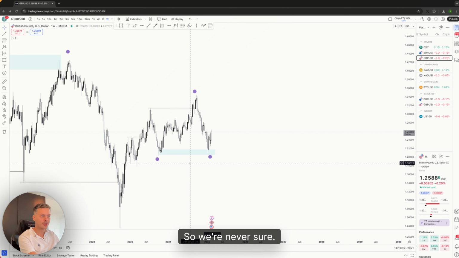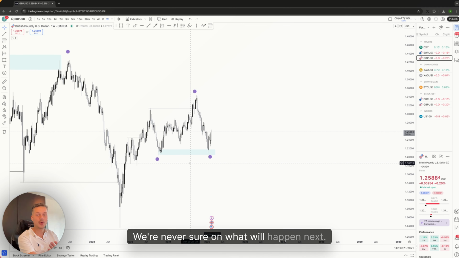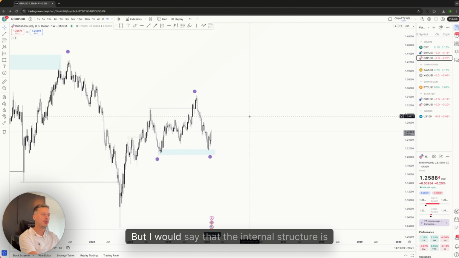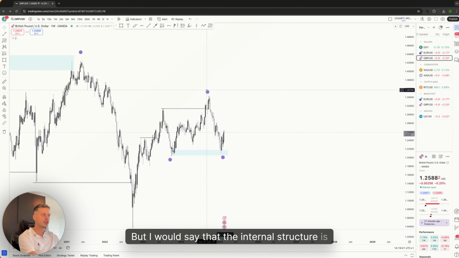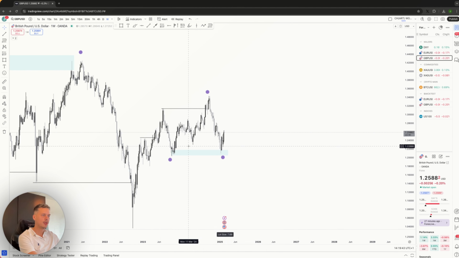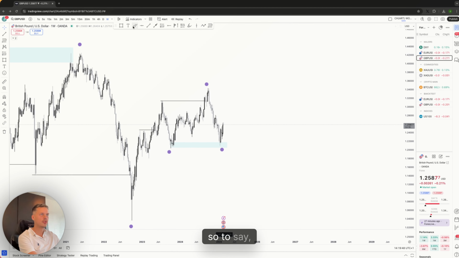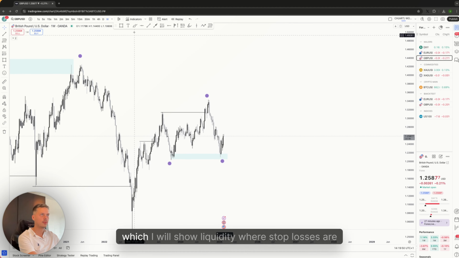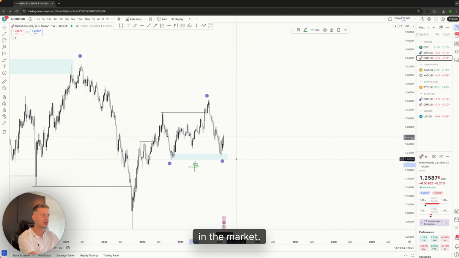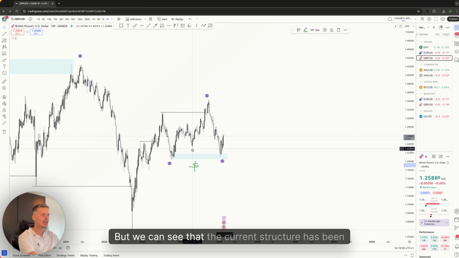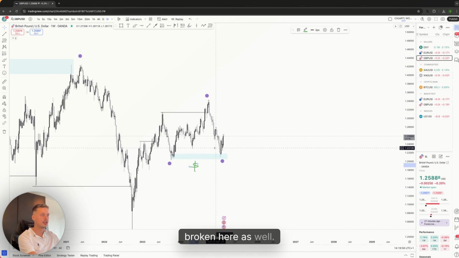So we're never sure of what will happen next, but I would say that the internal structure is stepping down bearish, but it's reacting from this area. So this could be a pool of, so to say, liquidity, which I will show, where stop losses are in the market. But we can see that the current structure has been broken here as well.